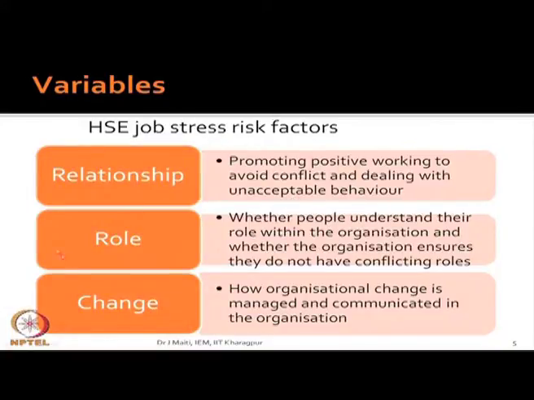Then role: whether people understand their role within the organization and whether the organization ensures they do not have conflicting roles. When you are given a job, for example, you are doing research work, it is definitely a time bound job, that 3 years, 4 years you will take to conduct.